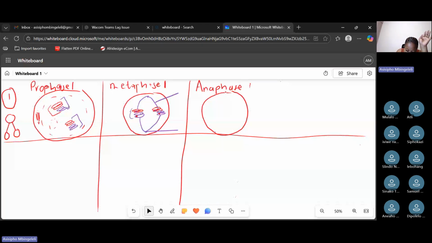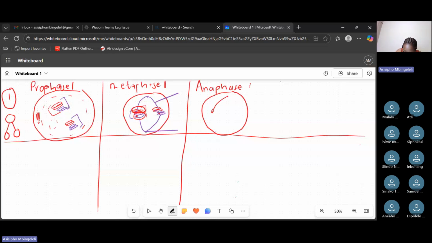Let's look here. Here they are in a pair. So we are going to separate them. We are going to ensure that this chromosome as a whole is pulled up and this chromosome here as a whole is pulled down. So what are we going to have at the end? This is one chromosome with two chromatids.